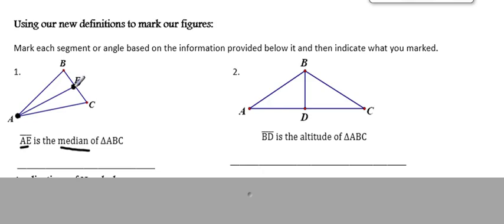So that means that E is the midpoint. And what we would mark on this triangle is that because E is the midpoint, BE is congruent to EC. So we put our little hash marks on BE and EC. And then write down what you marked. We marked that segment BE is congruent to segment EC.